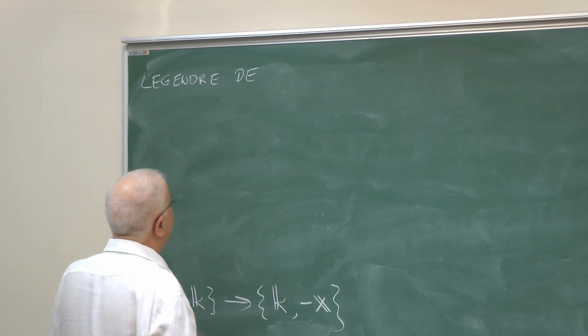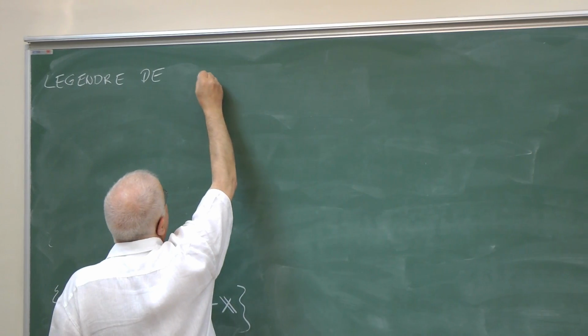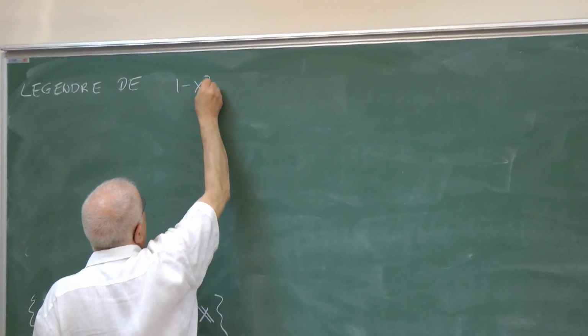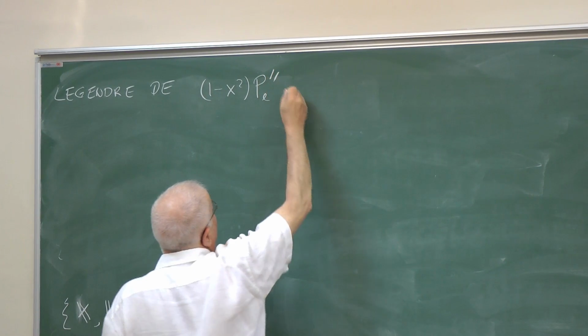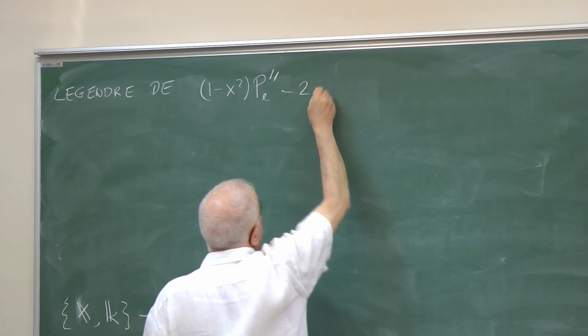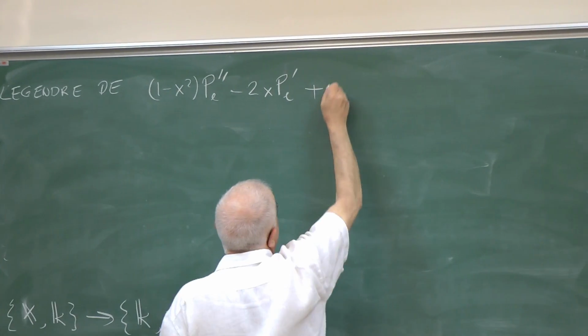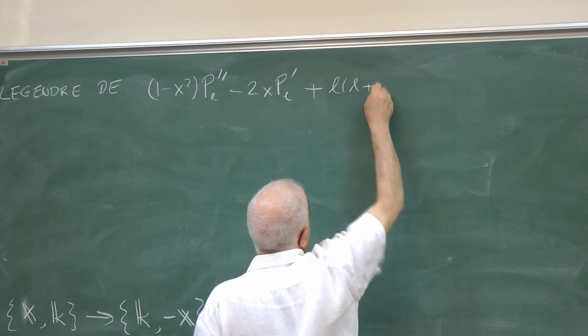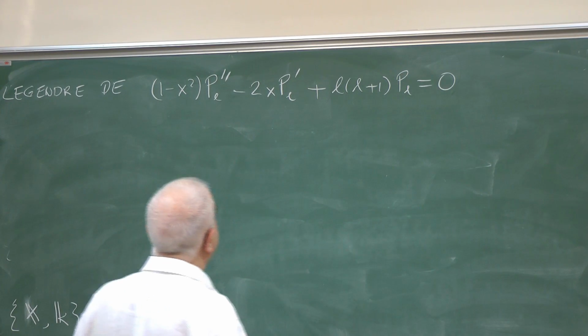The Legendre differential equation is 1 minus x squared, P_L double prime, minus 2x P_L prime, plus L times L plus 1, P_L equals 0.